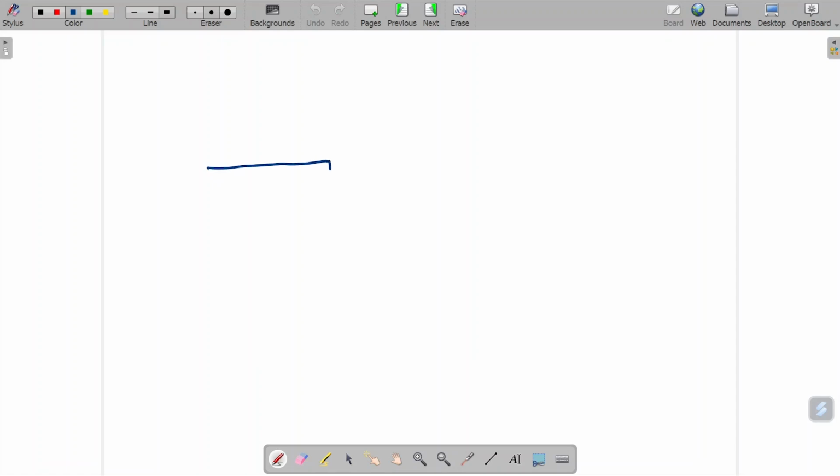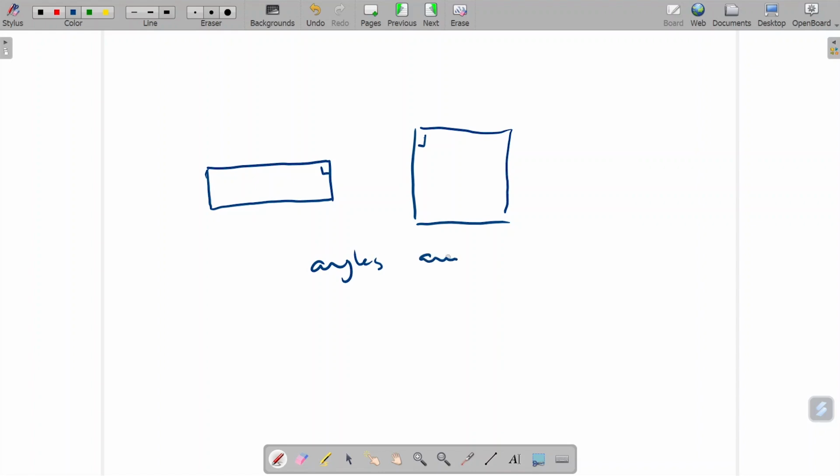In the same way, I can have a rectangle and, for example, a square. Now, in these two situations, all the angles are the same. But although the angles are the same, the sides are not in proportion.